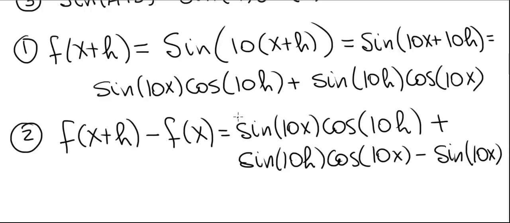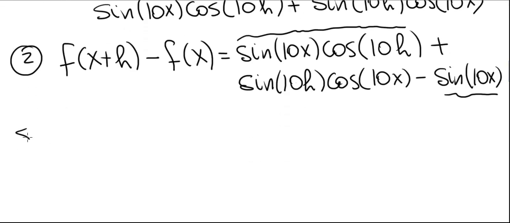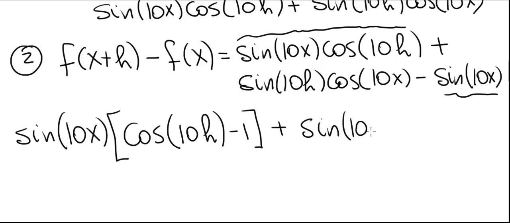Notice that this term has sine of 10x and this one does also, and we can now factor out sine of 10x with those two terms. So this becomes sine of 10x times the quantity cosine 10h minus 1, plus sine of 10h times cosine of 10x. That's the end of step 2.